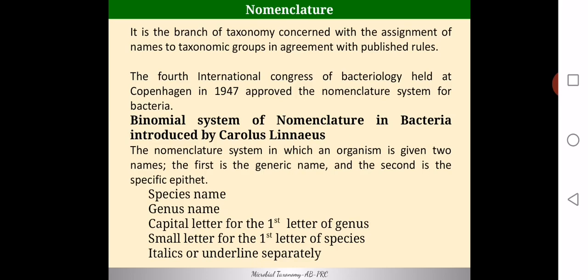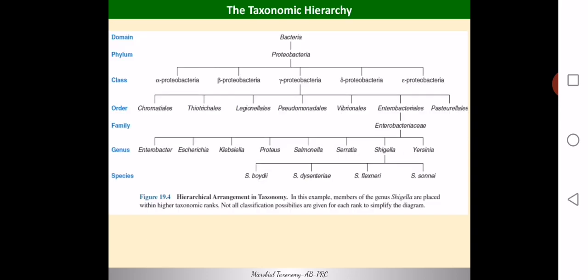Both parts of the name should be either italicized or underlined separately. These are the rules for assigning a name to a group of organisms.